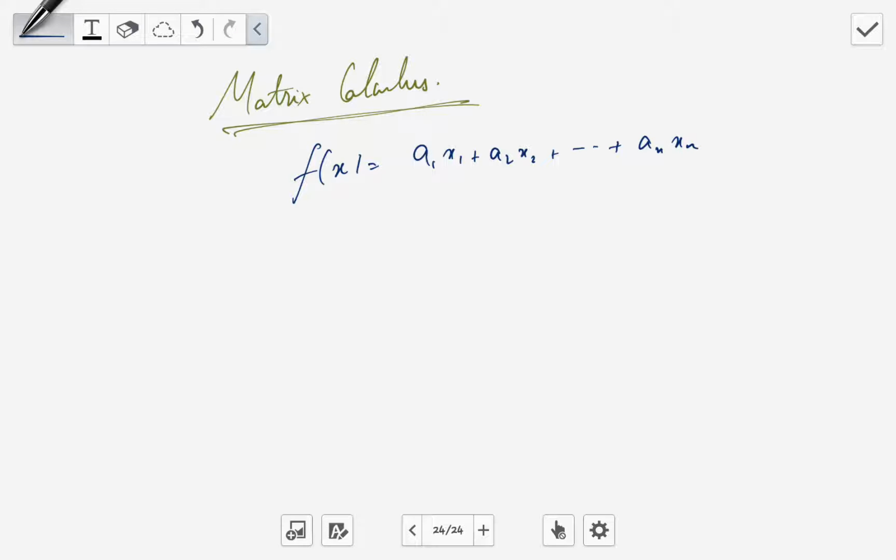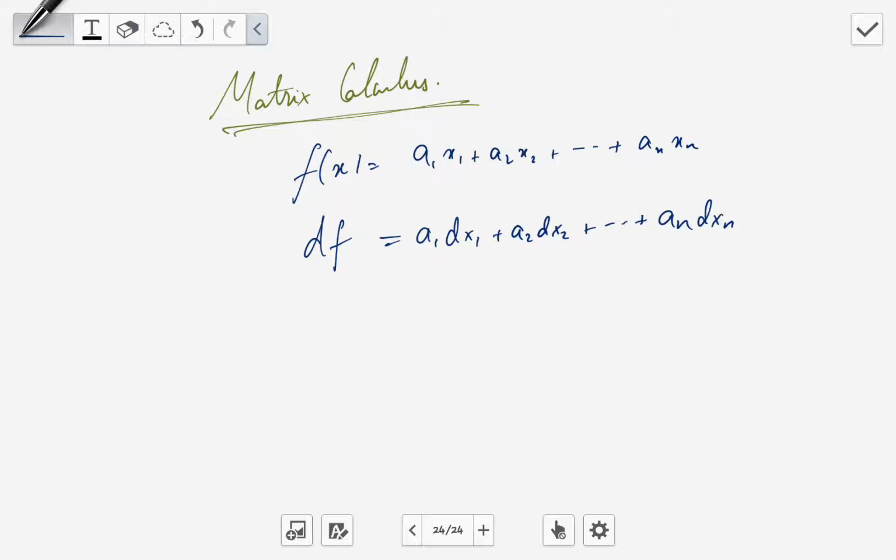Suppose that I want to find df. That would be a1 dx1 plus a2 dx2 plus so on up to an dxn.